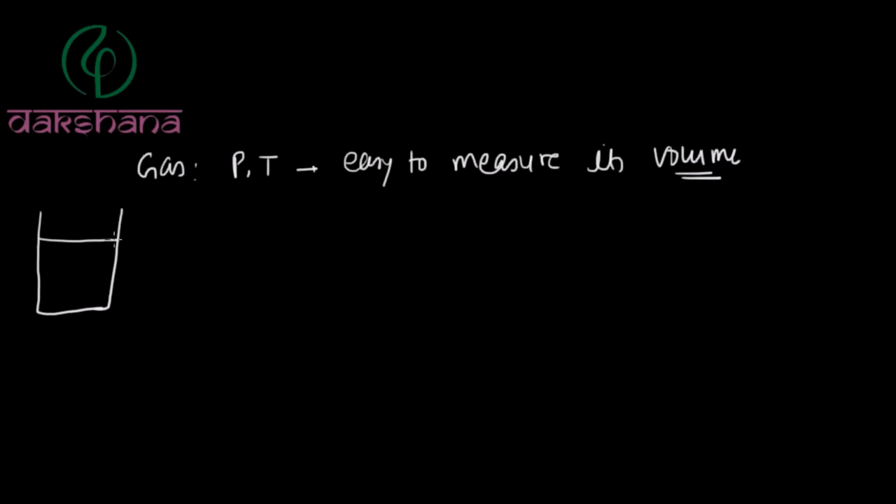Now I have put a movable piston which is exerting a pressure P1, and I am maintaining this container at a temperature T1. So according to P1 and T1, the gas inside will occupy a volume V1, and if I have a measuring scale here, then I can easily calculate its volume. Okay, so that's why we will define the number of moles in terms of volume.